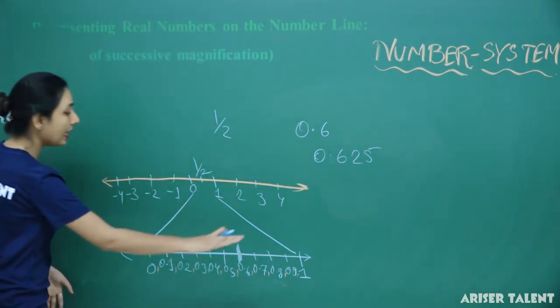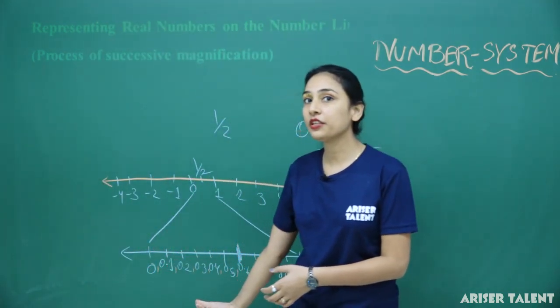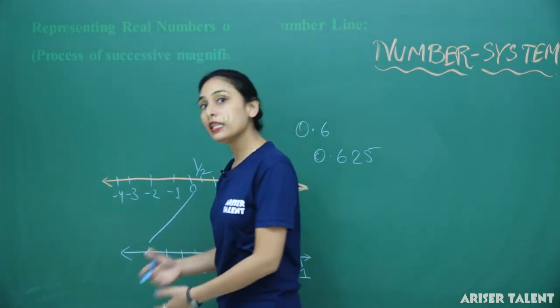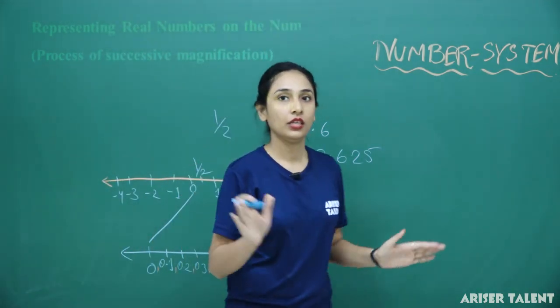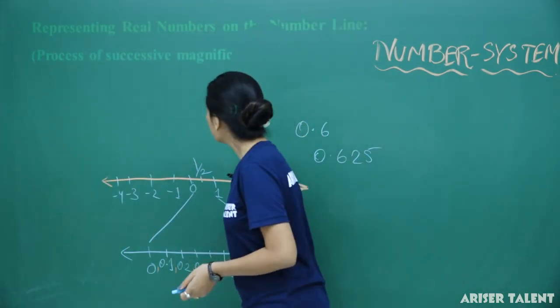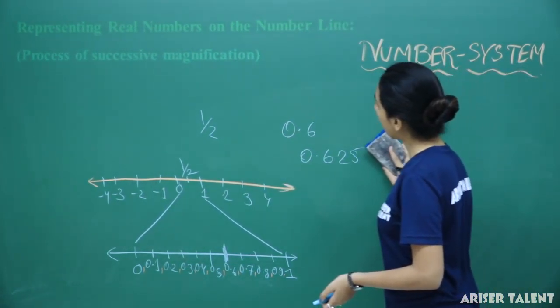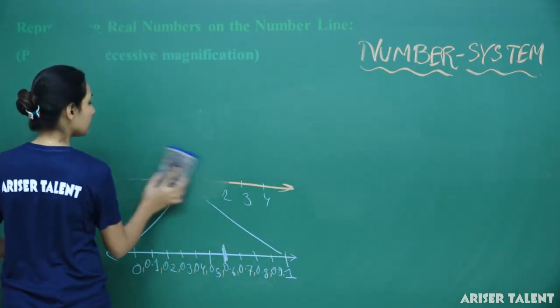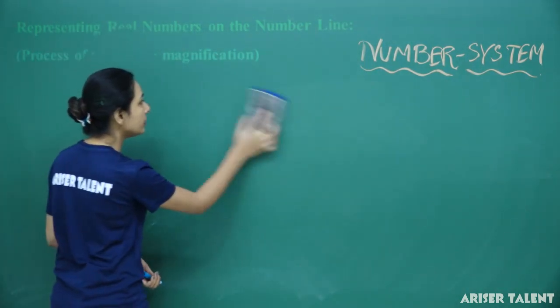This procedure will expand itself and there will be another magnification here, and then another magnification here, and then you will get the answer. Now note this and then I am going to remove it. So this was the very basic idea, students.